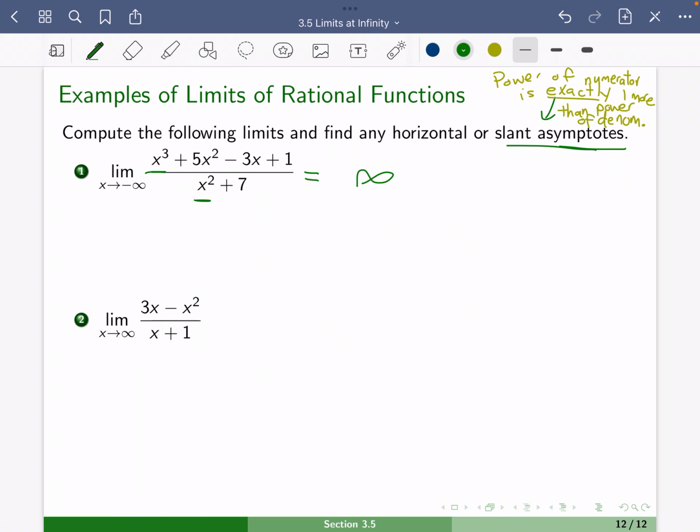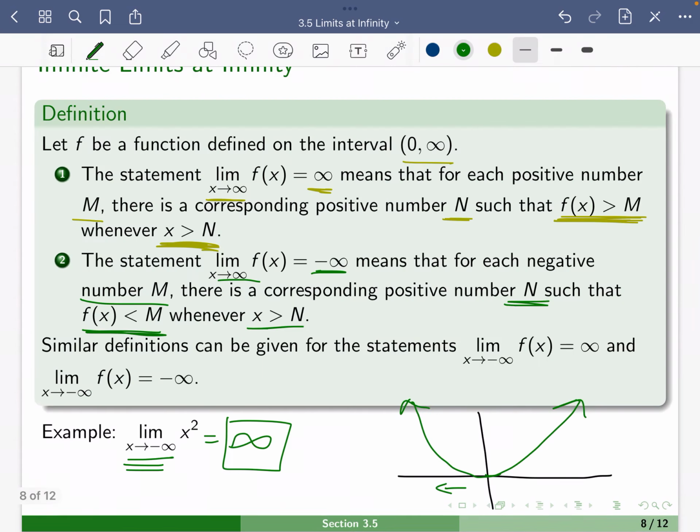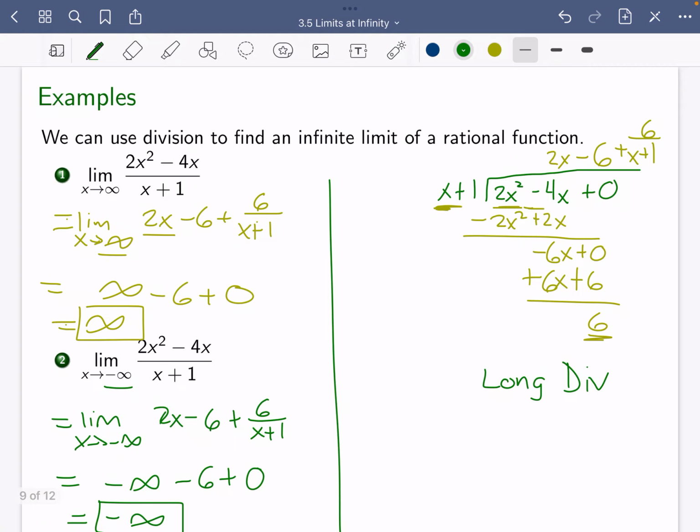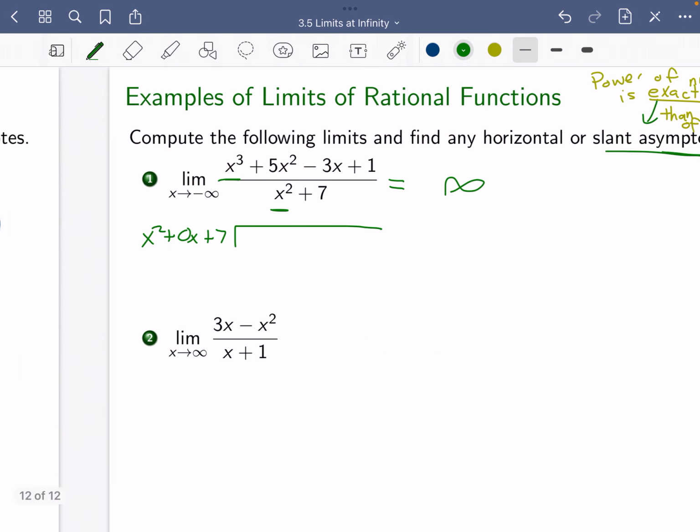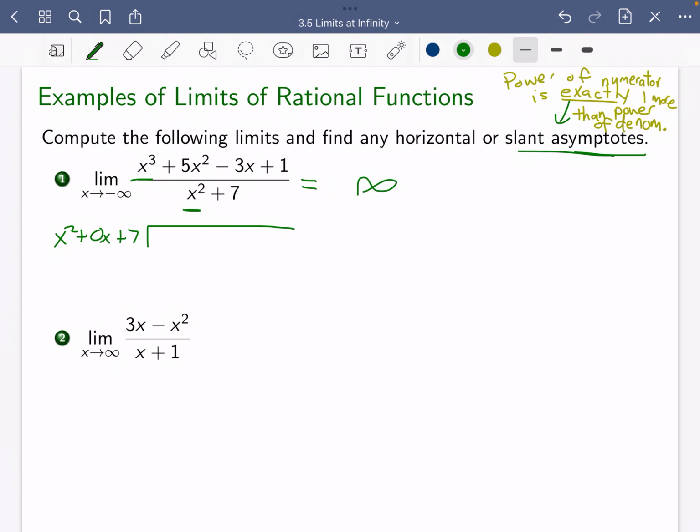Well, to decide that, we did polynomial long division. So x squared plus 0x plus 7 going into x cubed plus 5x squared minus 3x plus 1.